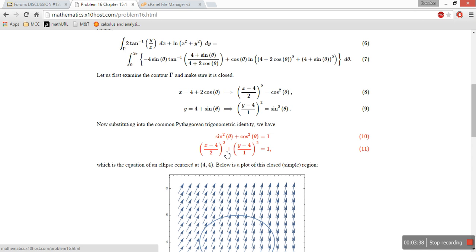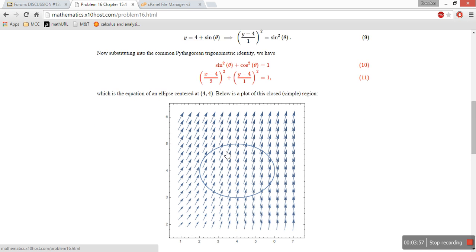This is because x minus 4 and y minus 4 move it to the right 4 units and then up 4 units. And in the x direction, we are dividing by 2, so we have a semi-major axis in the x direction that's twice as long as the semi-minor axis in the y direction. And we can see that in the graph here.